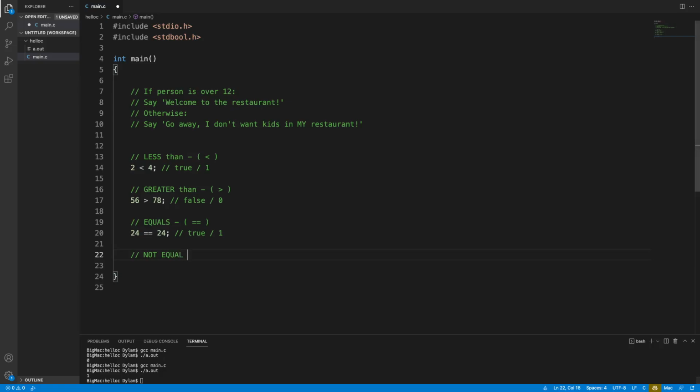Now, not equal basically does what it says on the tin. It shows if things are not equal to each other. And the way we do that is by using an exclamation mark and then an equal sign. Now, this is where things get complicated.